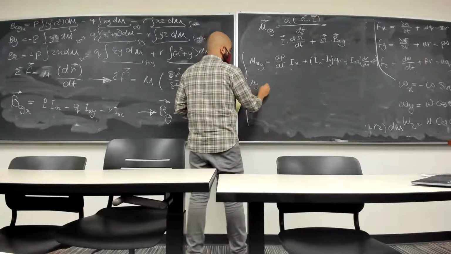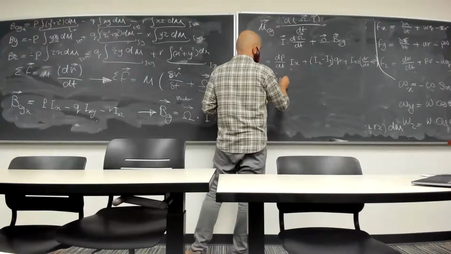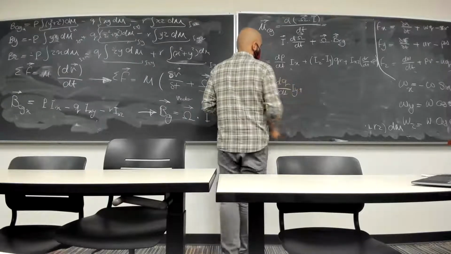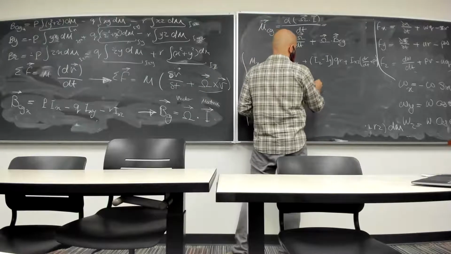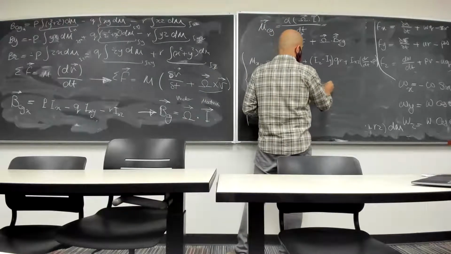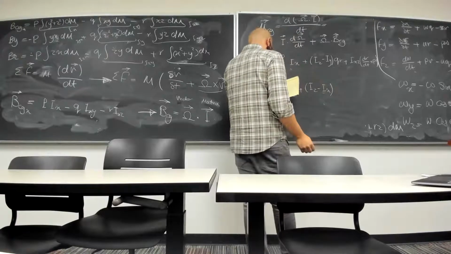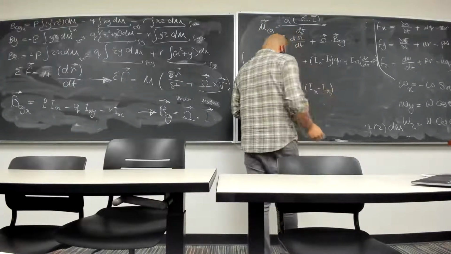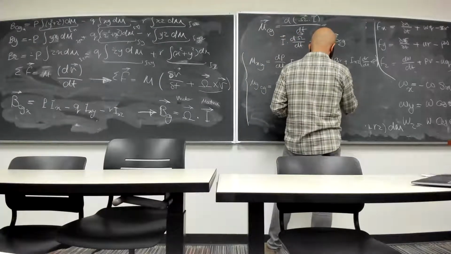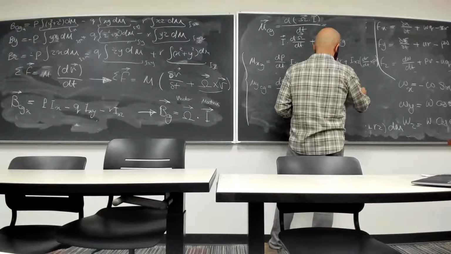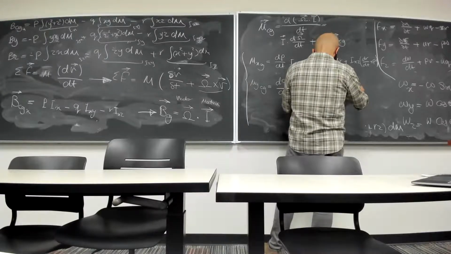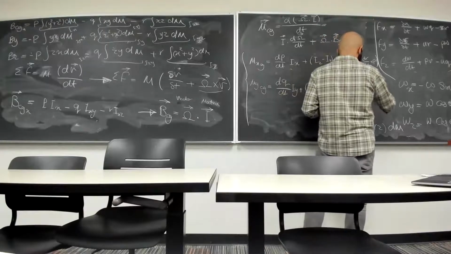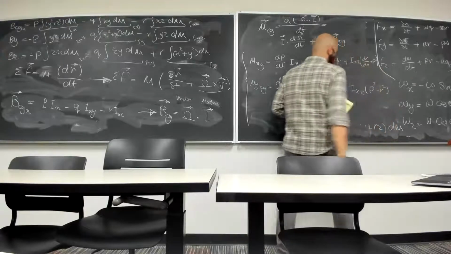And My of cg is going to be dq dt I of y plus I of x minus I of z PR plus I of xz, P squared minus R squared.